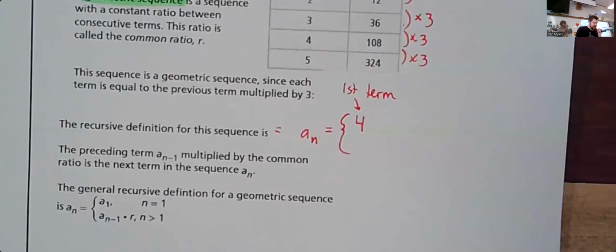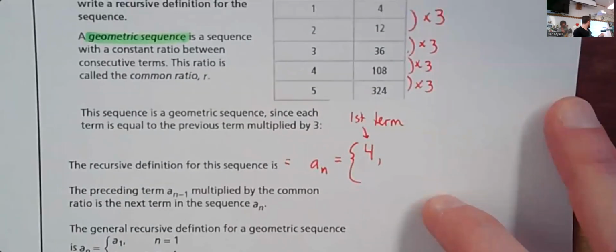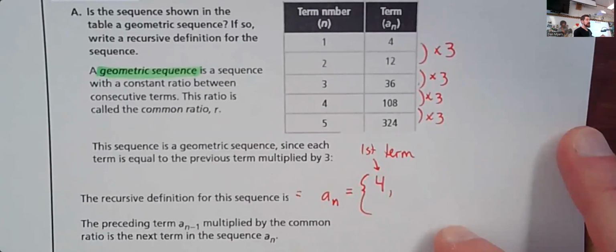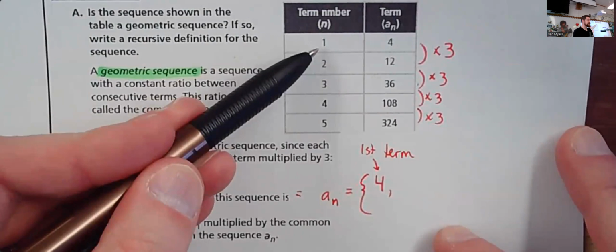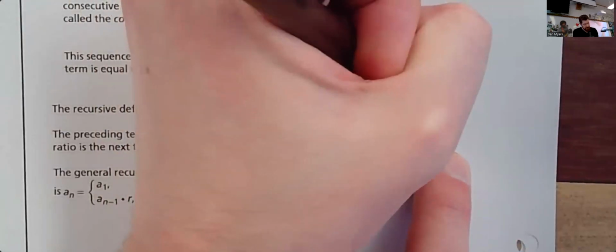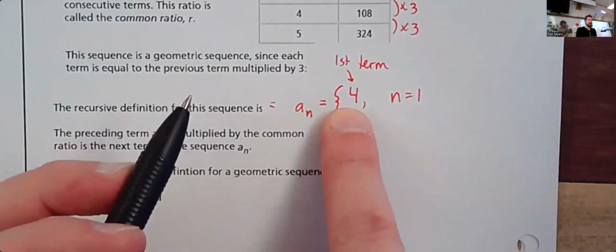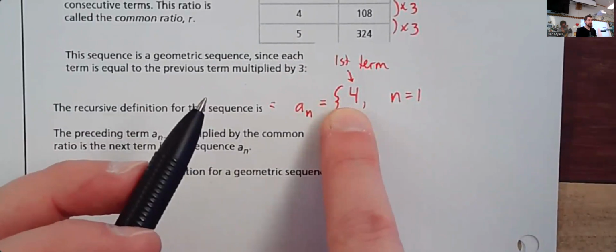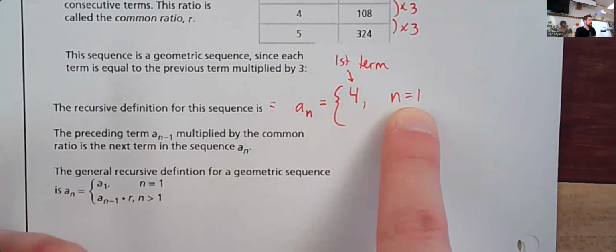Then we put a comma, and there's a little bit of a space. And the first term, if we look at the table, has an n value of what? 1. Yeah, n is 1. The term itself is 4, so we just say n equals 1. So this first line always references the y value of the first term in the table and the x value of the first term in the table.